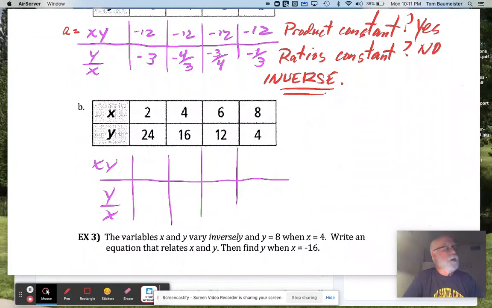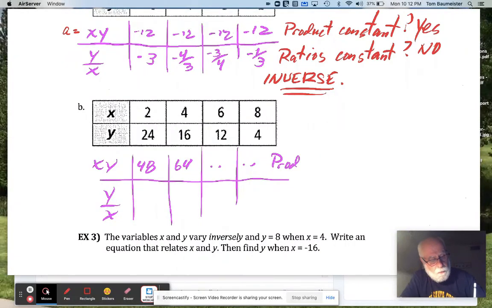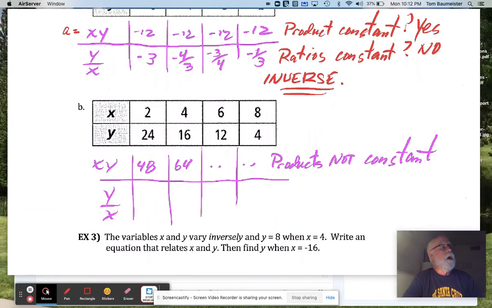So let's see here. So 2 times 24, well, that'll be 48. And then we have 4 times 16, which is 64. Again, I'm not even going to go any farther because we can tell already our products are not constant. And let's try the same thing for the y over x.